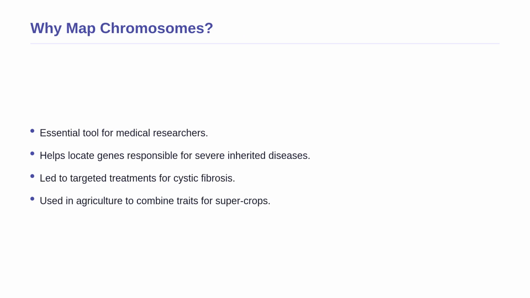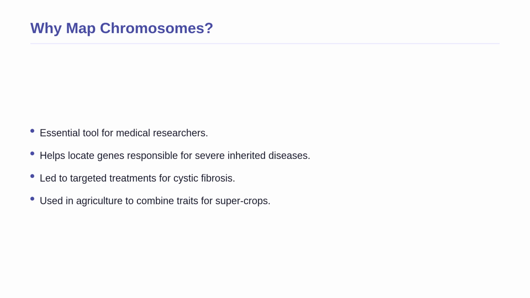Understanding this biological mechanism naturally leads us to ask why we need to know the exact location of genes in the first place. In the real world, chromosome mapping is not just an academic exercise. It is a foundational tool used by medical researchers. It allows scientists to hunt down the genetic causes of severe inherited diseases.